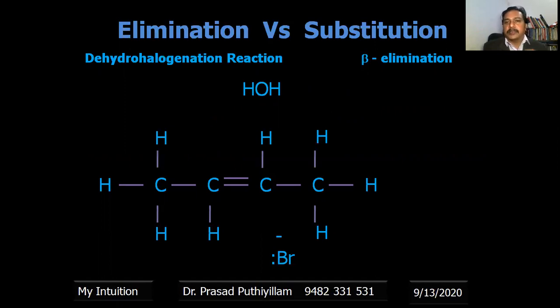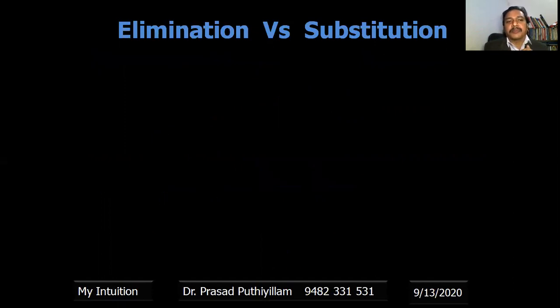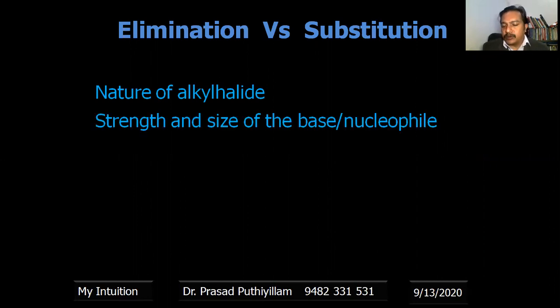Elimination and substitution reactions, if you compare, depend upon many factors: the nature of the alkyl halide we take for the reaction, the strength and size of the base or the nucleophile, and the reaction conditions we use. These also decide whether the product will be an elimination product or a substitution product.